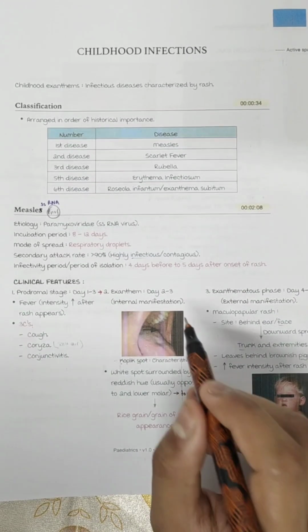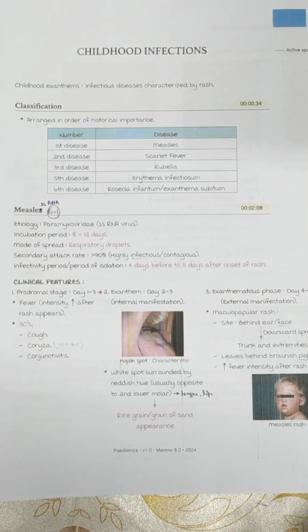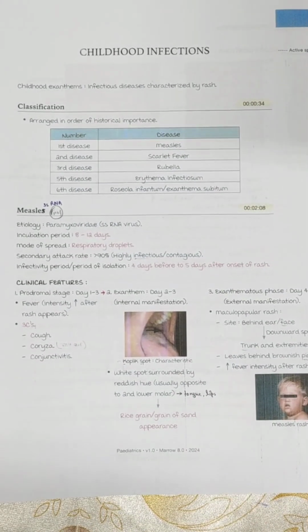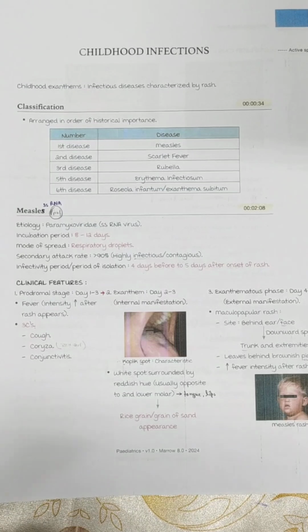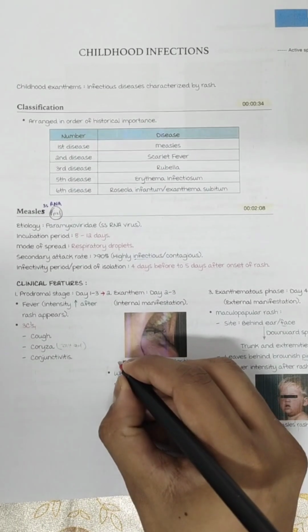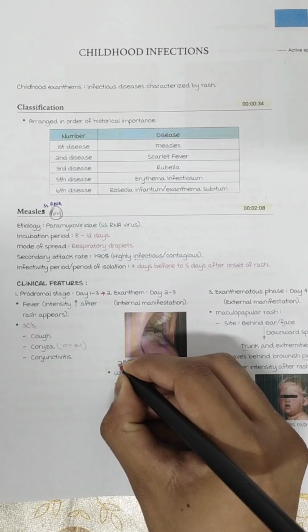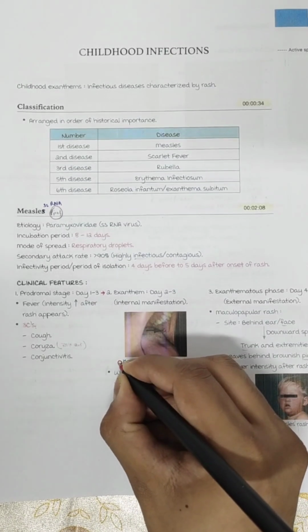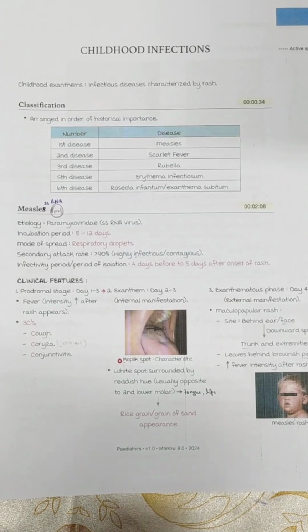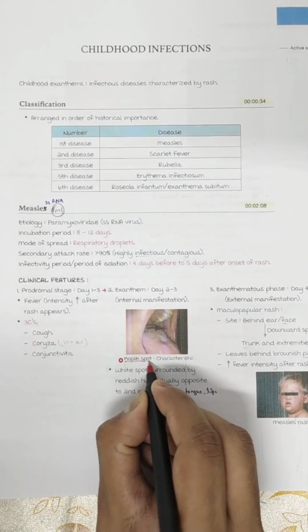Then from the second to third day, we find Koplik spots inside the mouth. It is nothing but a white spot surrounded by a red border. This is the Koplik spot and it is important.